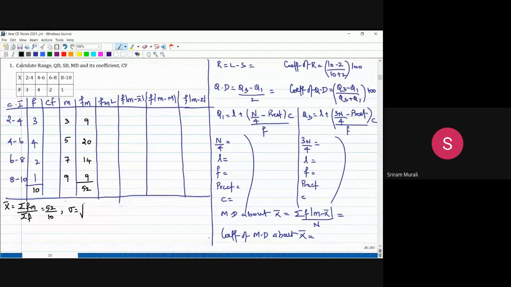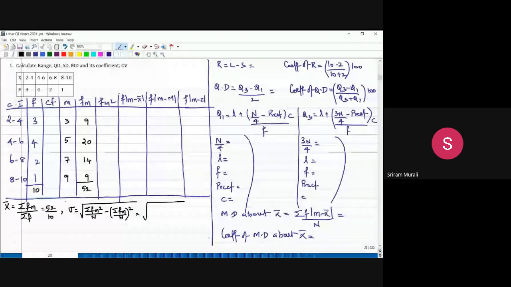So the standard deviation is sigma fm square by n minus sigma fm by n the whole square, all under a square root. What is your fm square? f into m square: 3 into 3 square is 27, 4 into 5 square is 100, 2 into 7 square, 1 into 9 square.